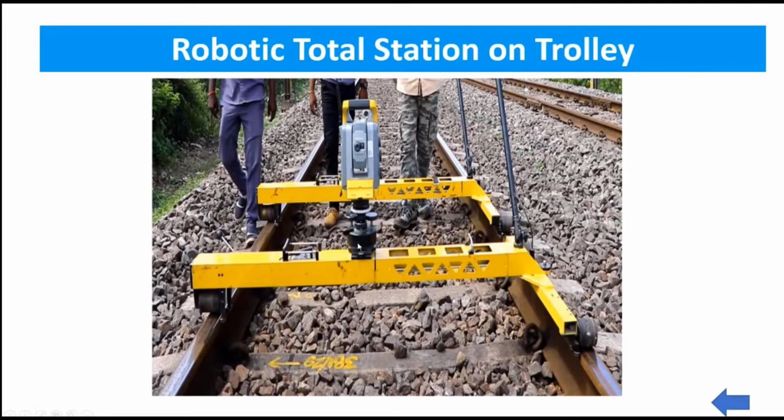This is also another view, a closer view of the total station. It is a robotic total station. It can align itself towards the prism, and there is a tribrach also, a specially designed tribrach.